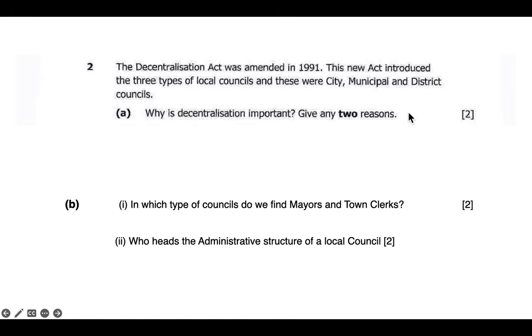Give any 2 reasons. Now, decentralization is important. 1, it reduces delays, as most decisions could be made on the spot instead of deferring to the headquarters. If the small wings or other wings of the government are given some tasks to perform, it will be easier for quick, swift decision making.